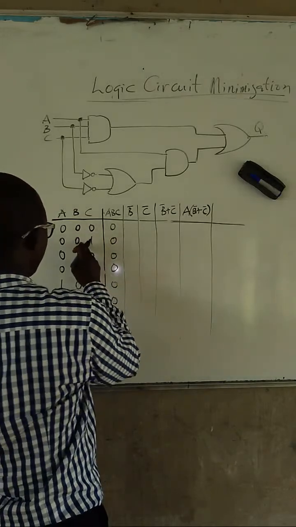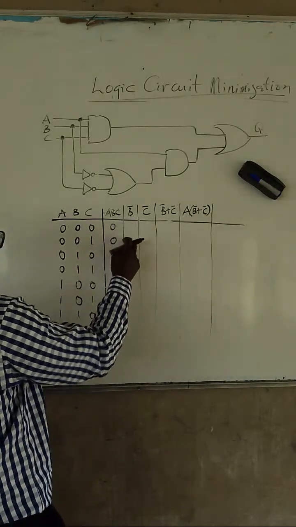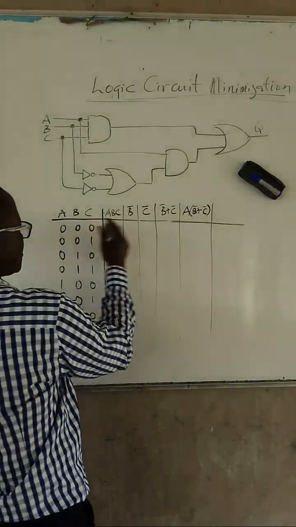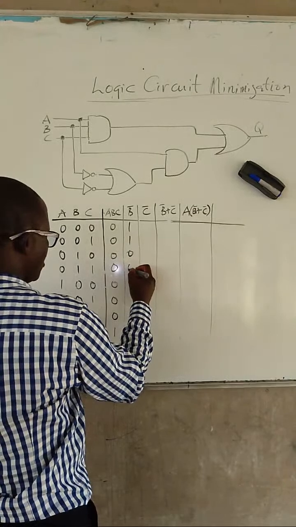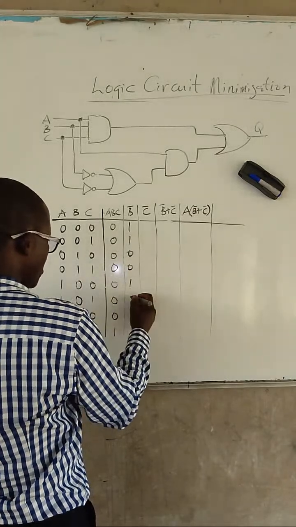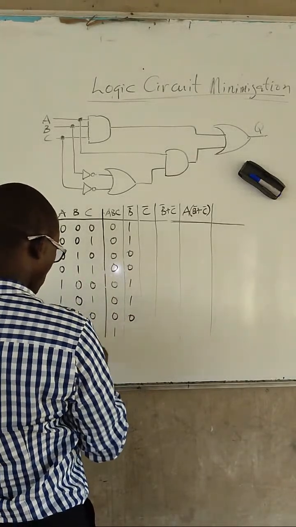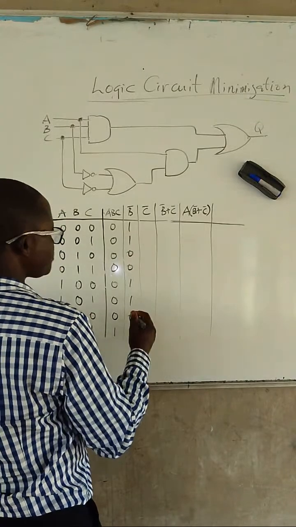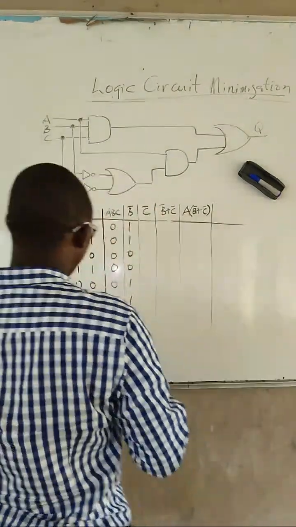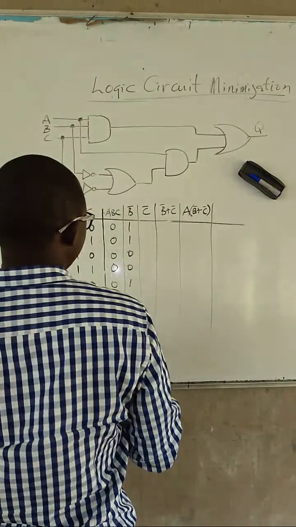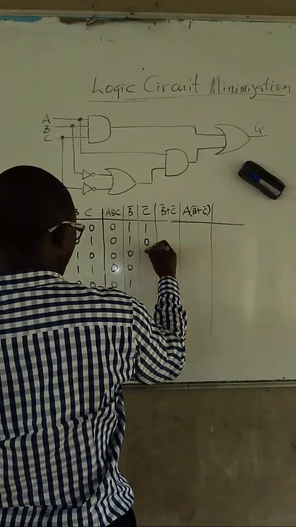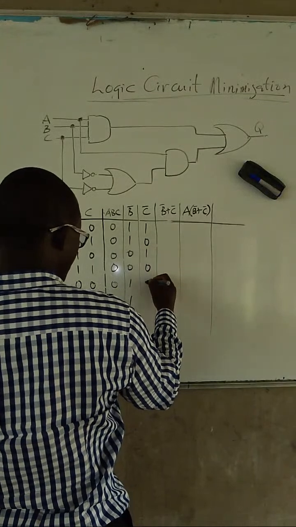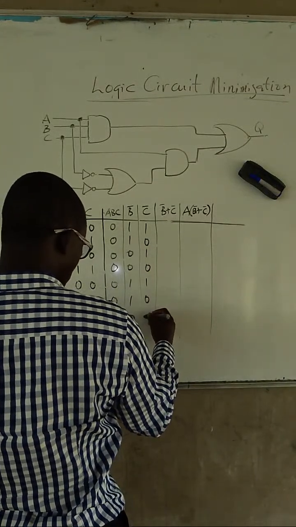Then B bar, look at B, and then you invert the sign here. B bar, 0 now will become 1, 0 again 1, 1 will become 0, 1 becomes 0, 0, 1, 0, 1, 1 becomes 0, 1 becomes 0. Now, C bar, we look at C, we have 1, 0, 1, 0, 1, 0, 1, 0.